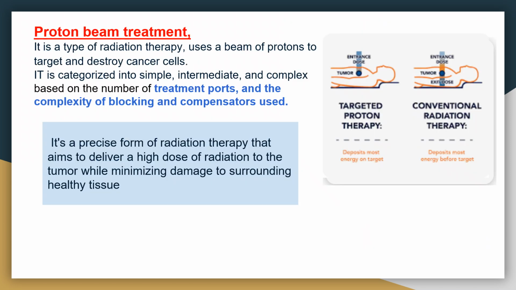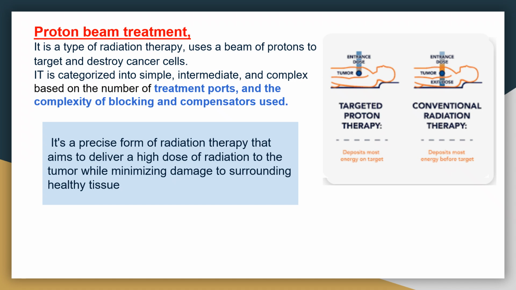Now let us look at the proton beam treatment. It is a type of radiation therapy which uses a proton beam to target and destroy the cancer cell. It is also categorized into simple, intermediate, and complex, and the guideline remains the same. There also we mainly calculate the treatment ports and then the blocking shield.